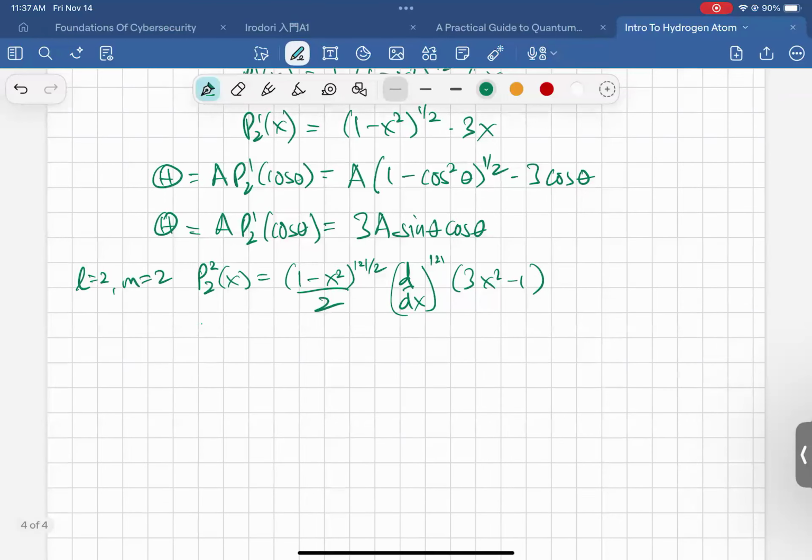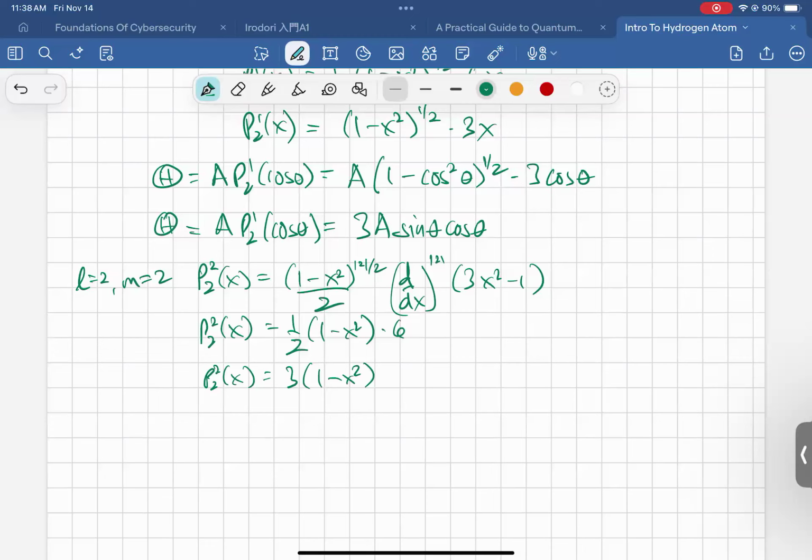So simplifying that, we get 1 half, so 1 minus x squared lang, and then yung second derivative ng 3x squared. So that's 6x and then 6. So this means na ito magiging P22 of x equal lang sa 3 times 1 minus x squared.